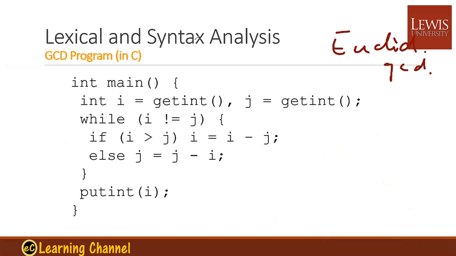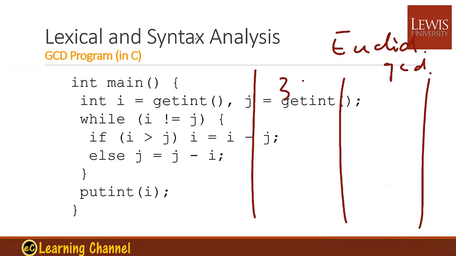But have you heard of the Euclid algorithm for GCD? I haven't. So let's think about it. We have this guy, 32, 48, right? This guy, let's call it M. This guy, let's call it N. So we do division. 48 divided by 32, we get the remainder 16, right?